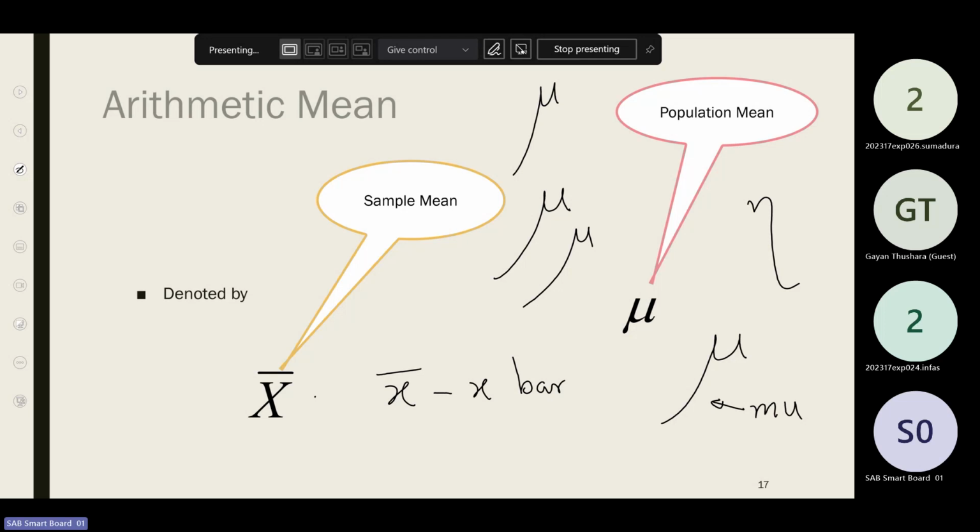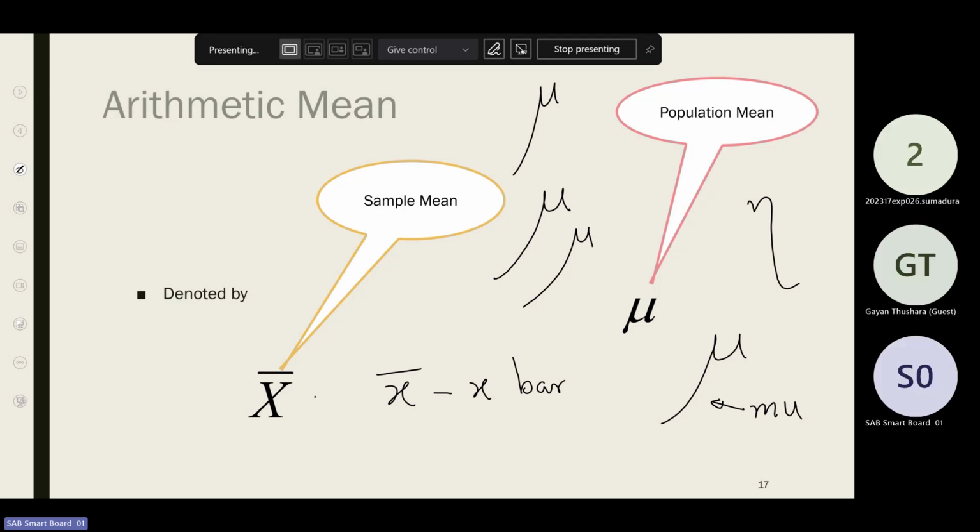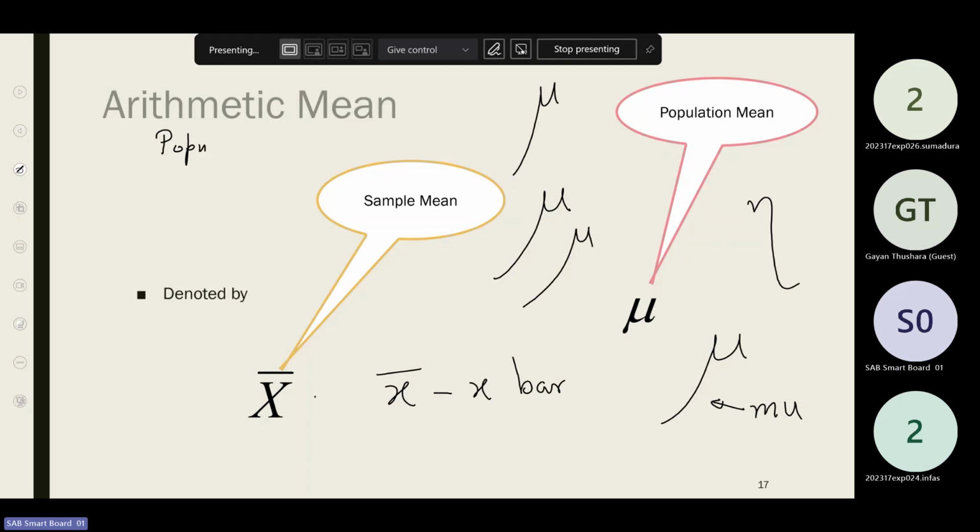Okay. So now the formula for this x bar and mu. Before going into that, we said we can have population data, we can have sample data. Population data we mostly don't get, but there is still a chance of getting it.